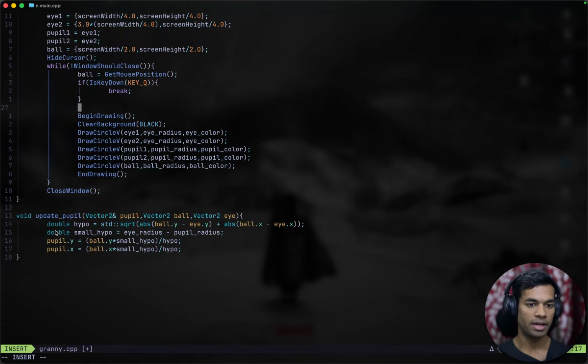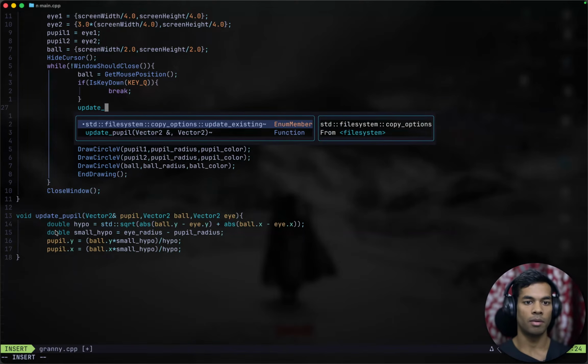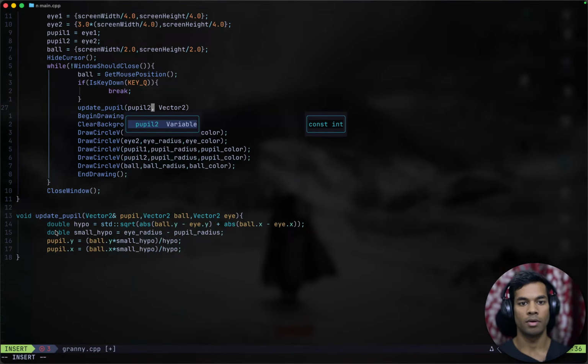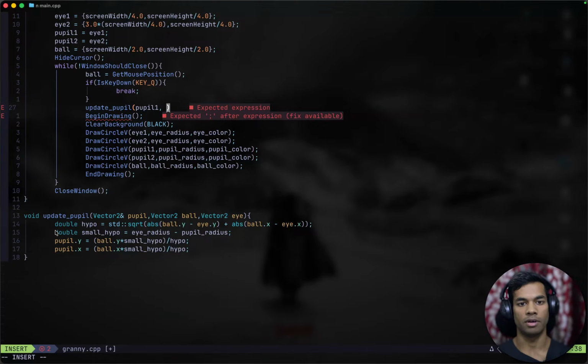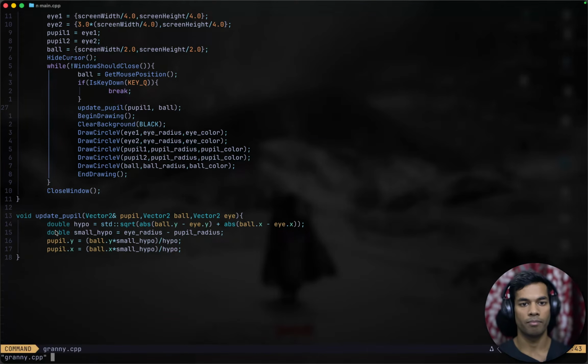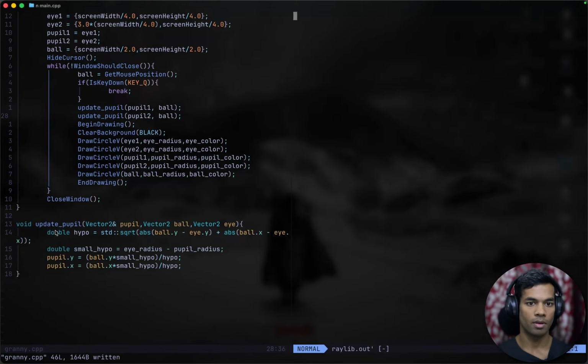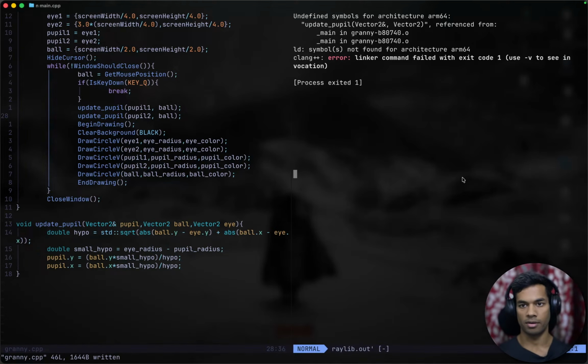Here we will keep updating. Update pupil. Yes, the first is pupil 1 and the second is ball. Do the same with pupil 2. Okay, error.